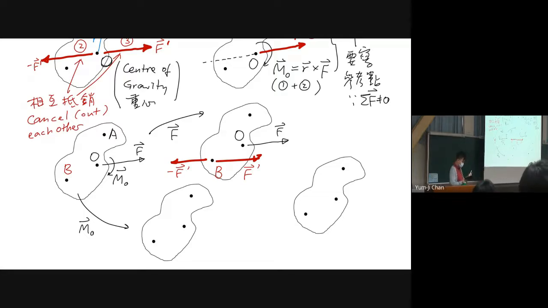And suppose the moment's arm is S here. So what will we get?